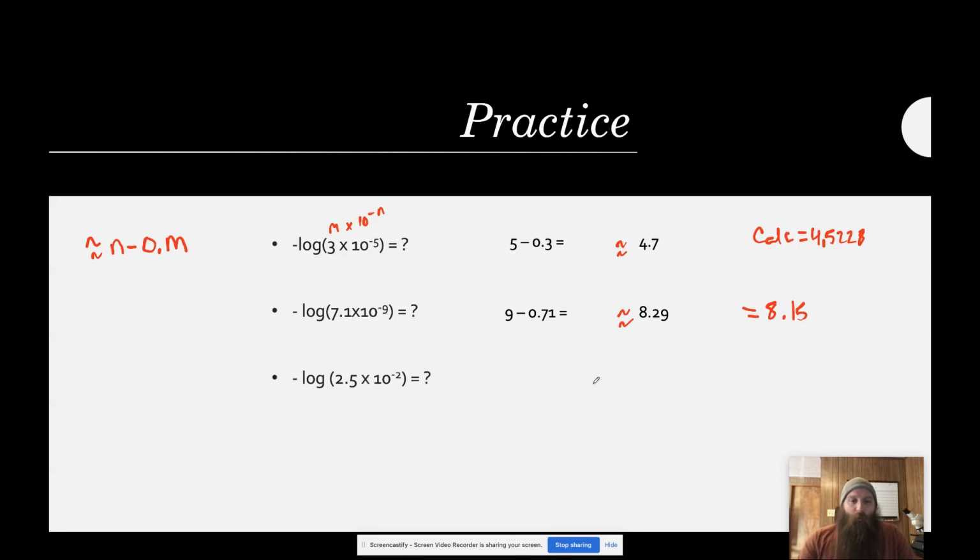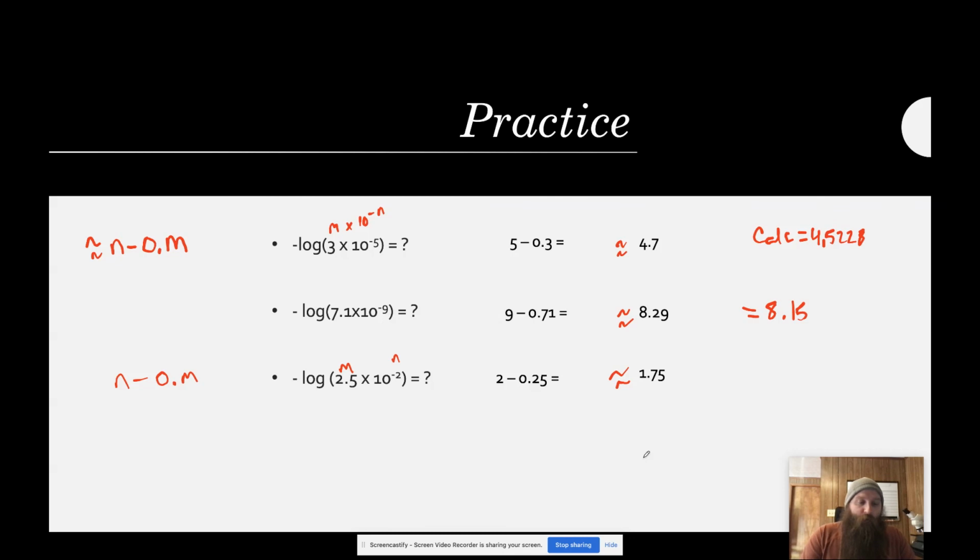Let's do one more. Again, you just need to know m and n, and we're doing n minus 0.m. So we get 2 minus 0.25, which hopefully you know is 1.75. That's our approximation.